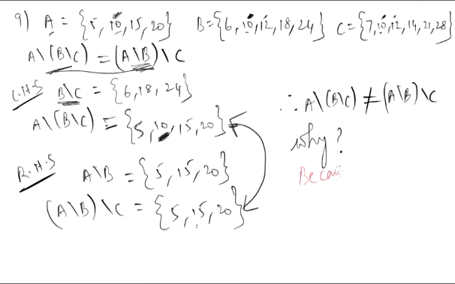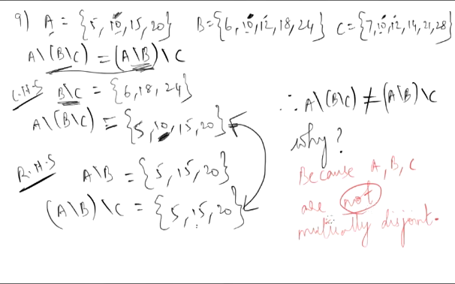Because A, B, C are not mutually disjoint. Okay. So A, B and C are not mutually disjoint. Therefore this is true. So you've justified your answer also.